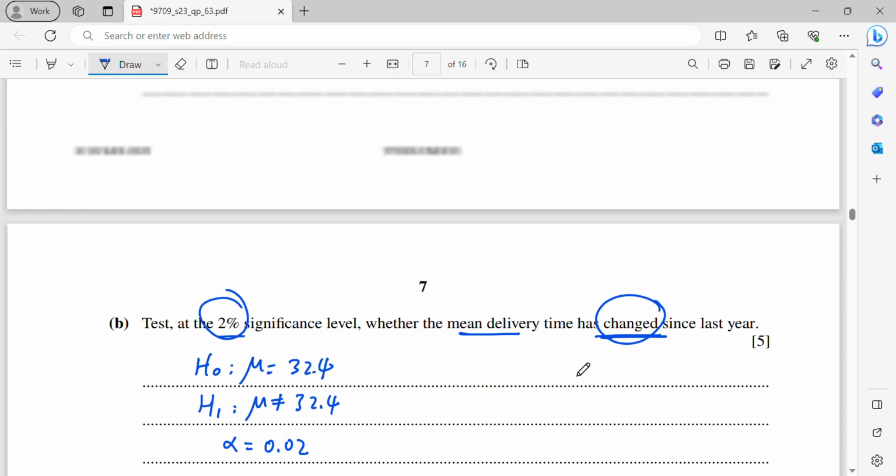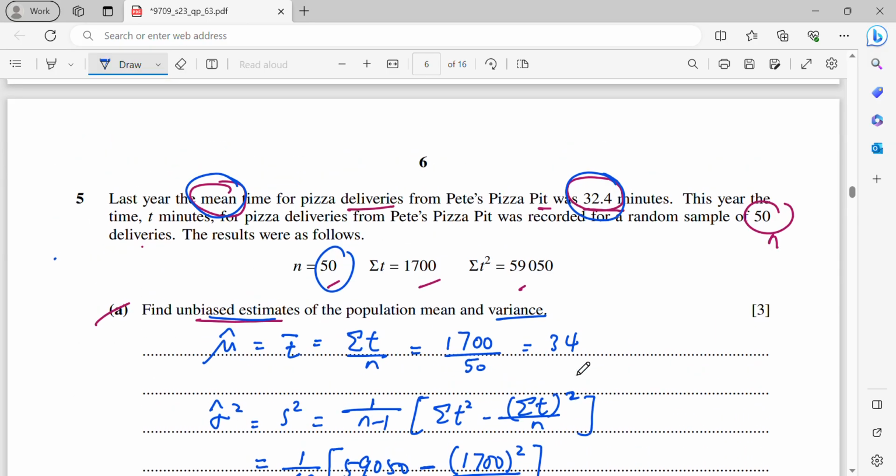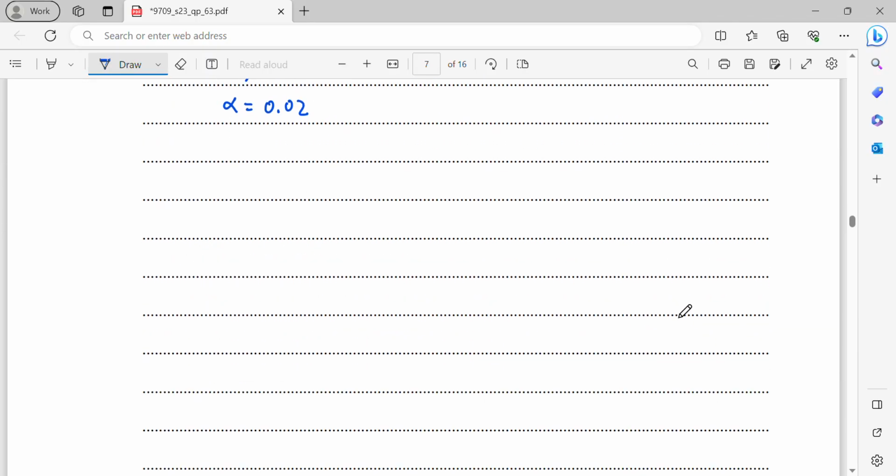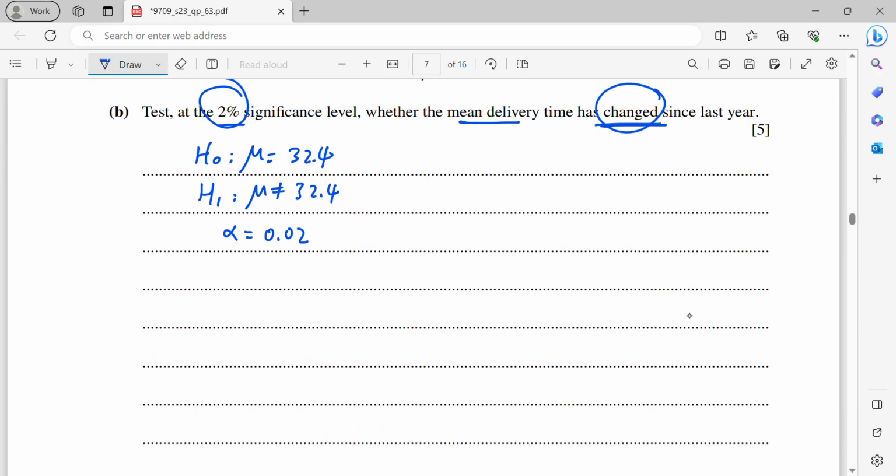Alright, so when you look at the data, the sample size is 50, right? So when it is 50, it is a large sample, so we will be using the z-test. Now I will sketch a graph.